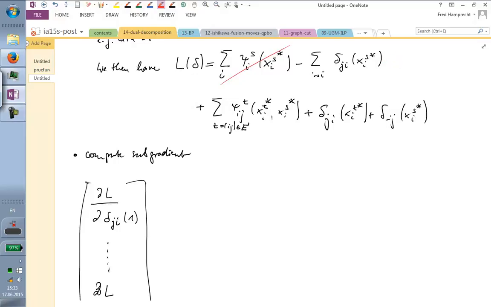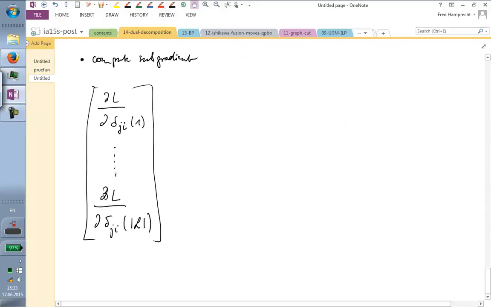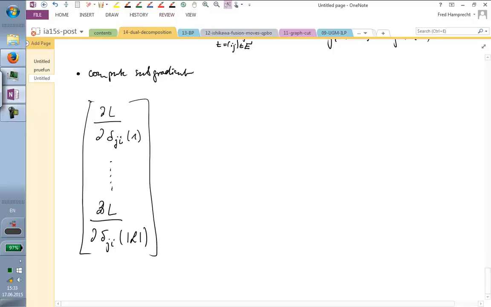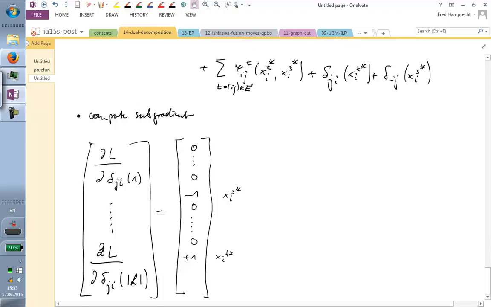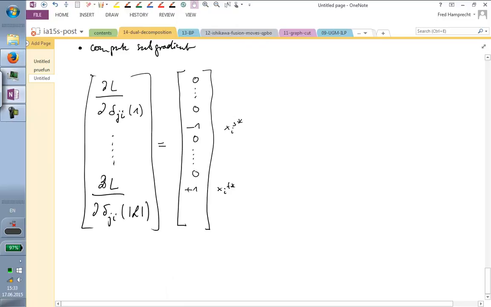And these minus 1 and plus 1 are manifested here. So my vector here is 0, except for a minus 1 at the location of x_i^s star, and then more zeros, and then a plus 1 at the location of the x_i^t star. Did I get the signs right? Yes. And then more zeros.